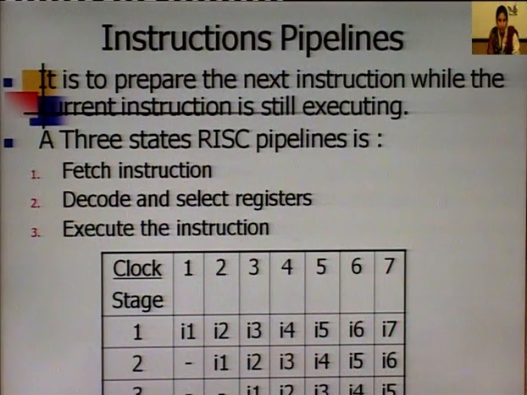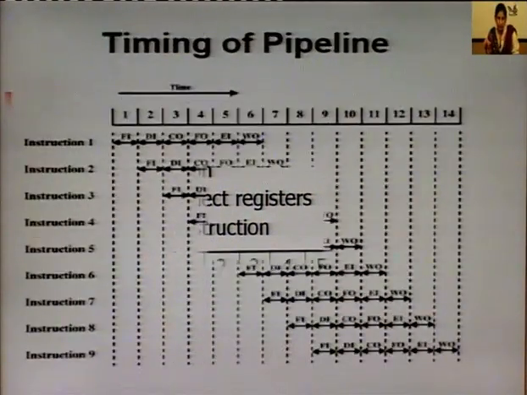So in the first cycle, the second and third stages are free, but in the next they are busy, and up to the end we can consider that per clock cycle this pipelining executes one instruction.